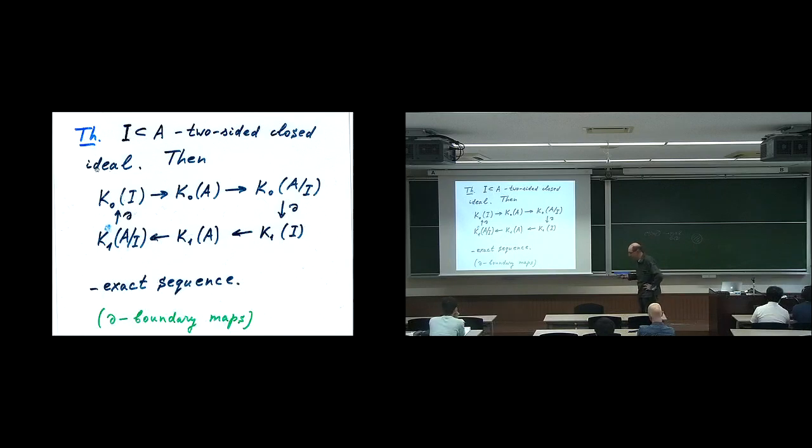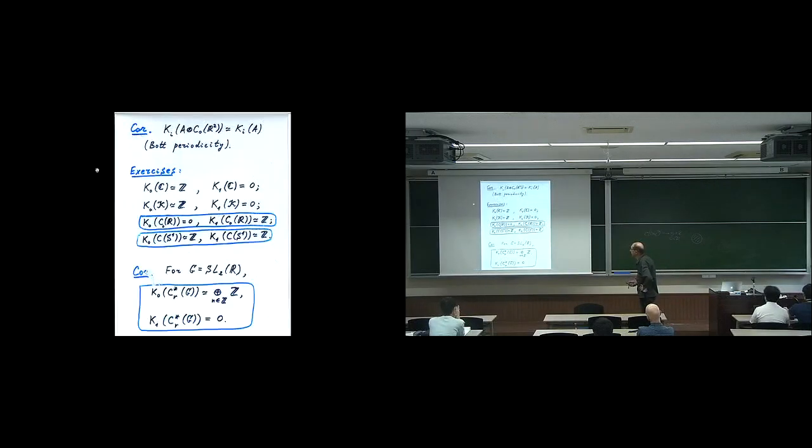This sequence is natural: if you take another algebra B and the ideal J, and you have a map from A to B with the ideal mapping into the ideal, then the sequences map into one another and the diagrams commute. So that's the very important point of the whole thing.